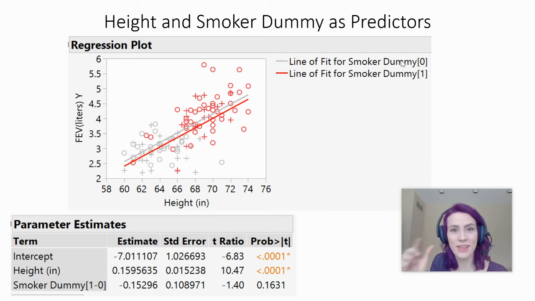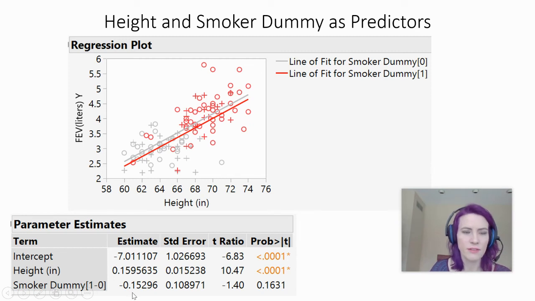It's just that now, what are they going to have added on? It's a negative number. So there was a slight negative effect of smoking on the FEV. Right? So we see that on the graph because the red line for the smokers is a little bit below the gray line for the non-smokers. How much below? This amount, the negative 0.15.